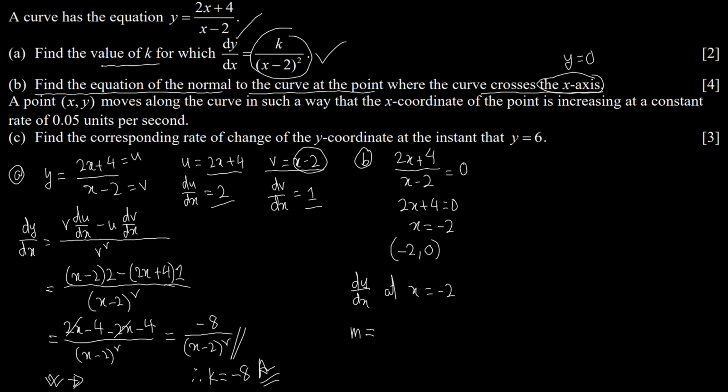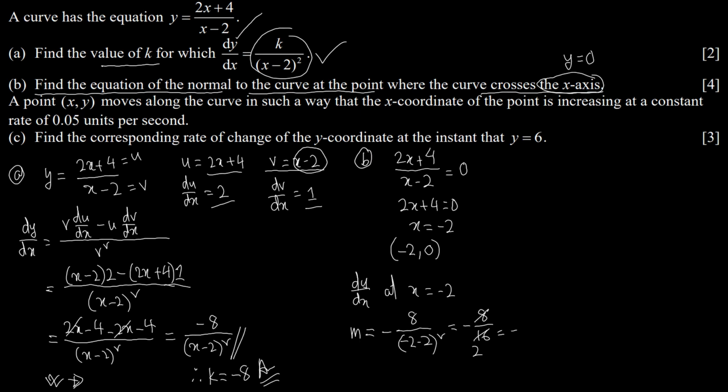It has minus 8, and the x value we got is minus 2, so minus 2 whole squared on the bottom. This gives us minus 8 over 2 to the 4, which is 16. So we can cut out and get positive 16, because minus 4 whole squared is written here.